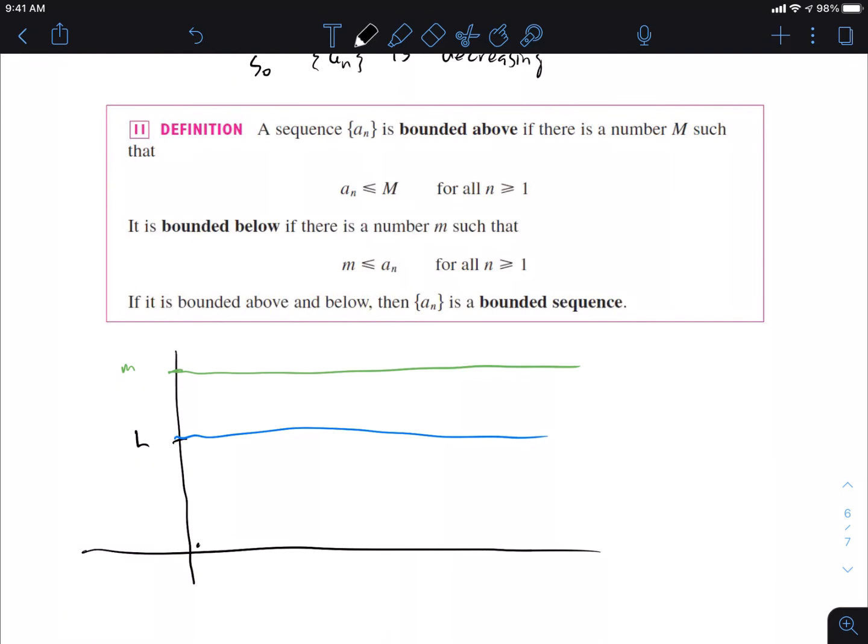If we plug in a bunch of sequence points and it ends at the limit and it never crosses my capital M, then we know that this is bounded above.